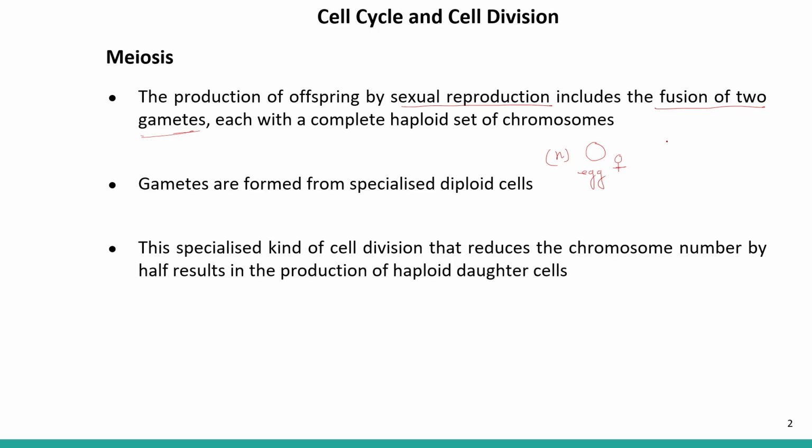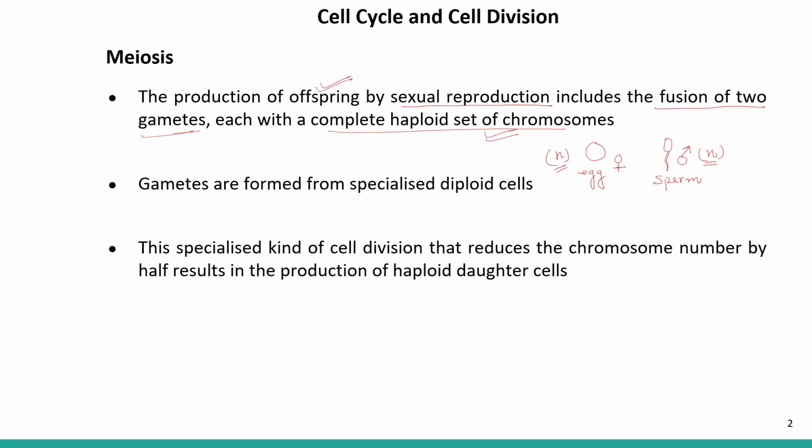And we have a sperm coming from the male individual. This is the sperm, and this is also haploid, meaning a haploid set of chromosomes. With a complete haploid set of chromosomes, here it is showing the production of offspring.